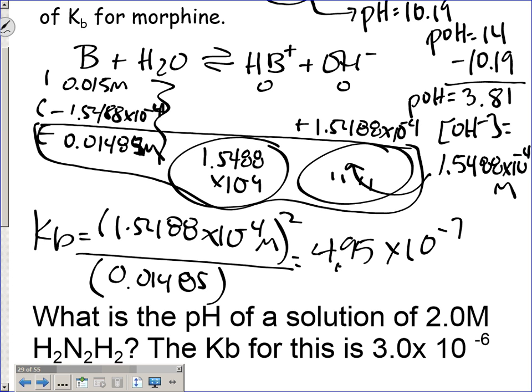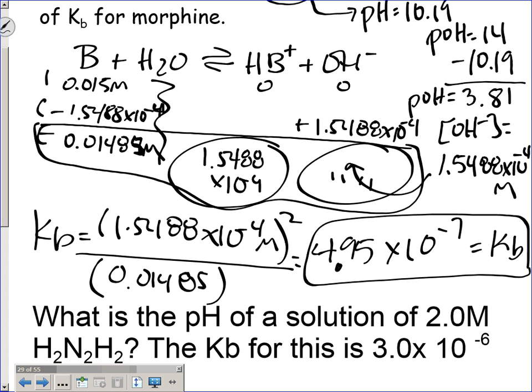Okay. Was that a stronger base or a weaker base than ammonia? Go back to the last problem where we wrote ammonia's Kb down. This is morphine's Kb. What's ammonia's Kb? 1.8 times 10 to the negative fifth.